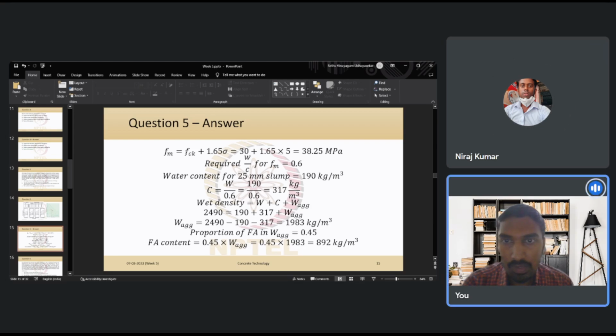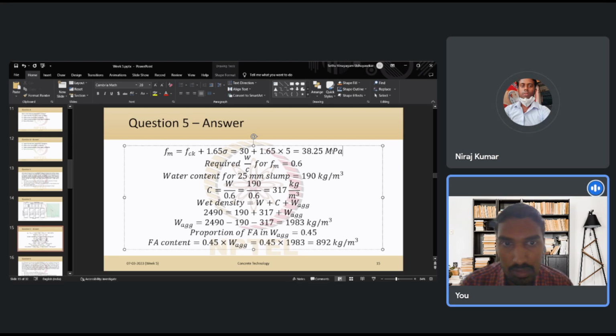First we use the relation between the target mean strength and the characteristic strength. We know the grade of concrete, we know the standard deviation, and using that we find out the target mean strength.